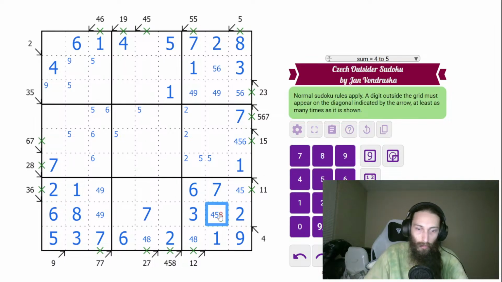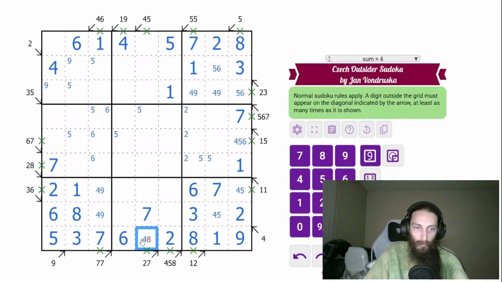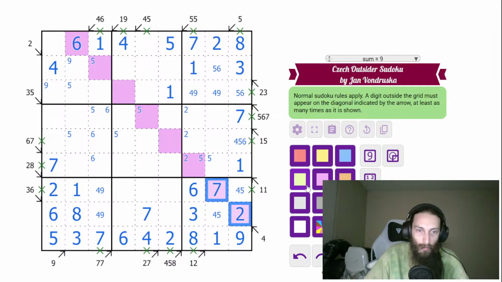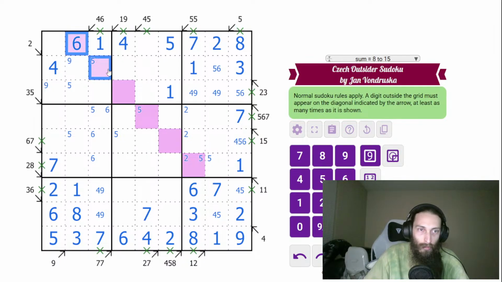2 here is done. 4, 5 pair places 8, 4. The 4 that's to the right of row 9. Those 2 aren't 4. These 3 can't be 4.